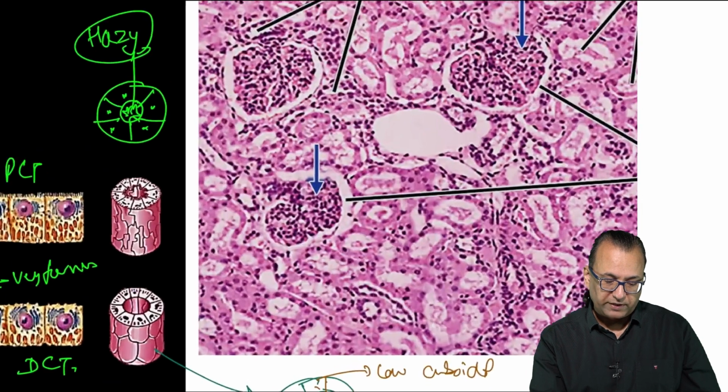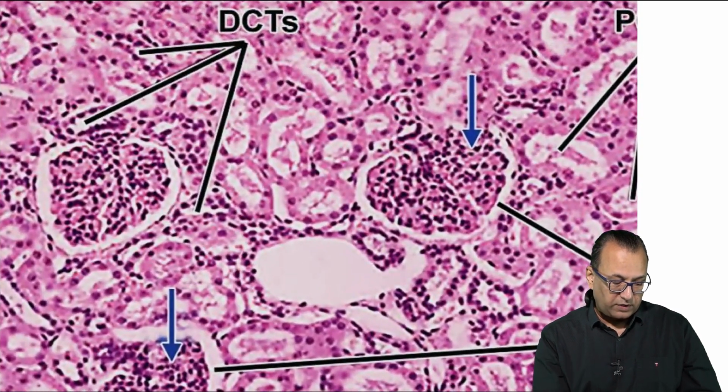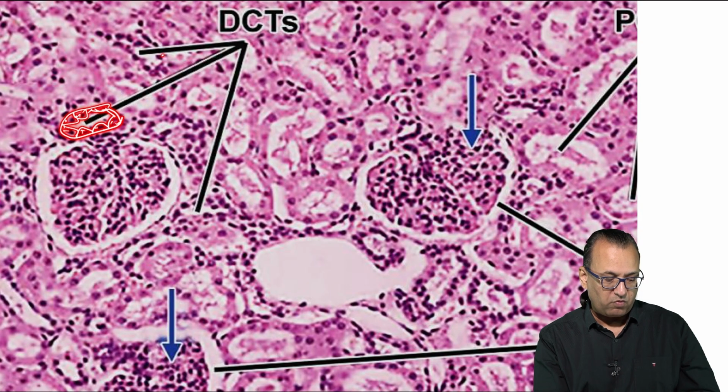Let me zoom in here. So can you see the DCT? First of all, they have low cuboidal cells, so automatically the lumen will become wider. If you compare it with PCT, look at this PCT. Lumen is hazy. Look at this lumen, it is clear. This is hazy.